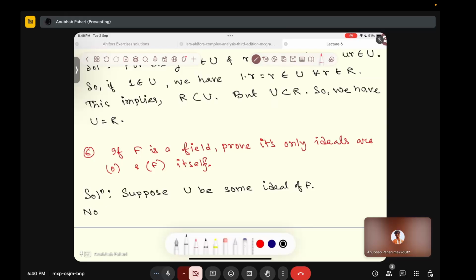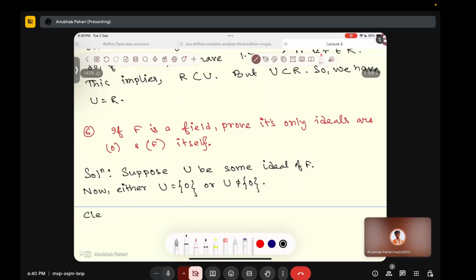Now either U equals 0 or U not equal to 0. Clearly U equals 0 is an ideal of F, and it is trivial.